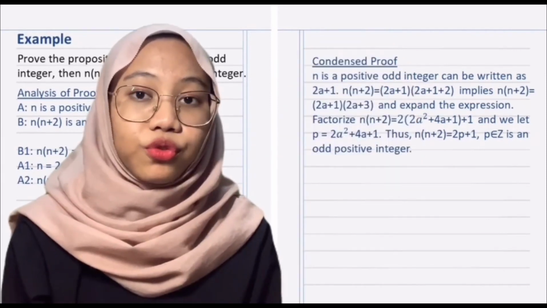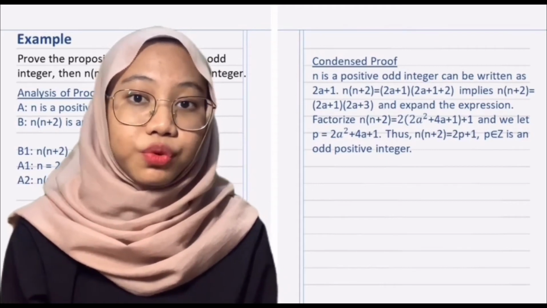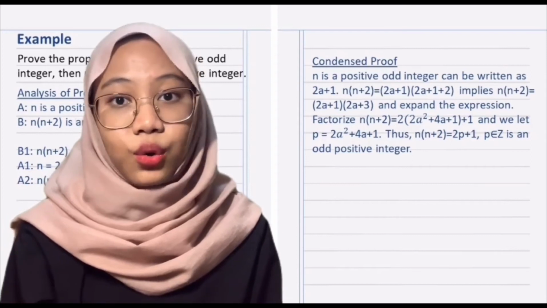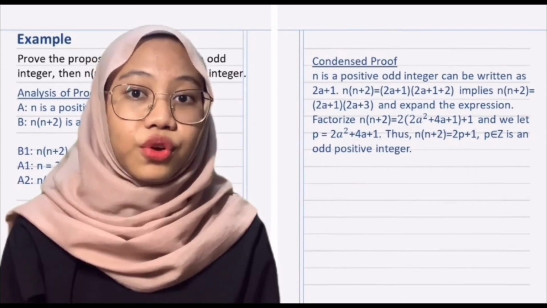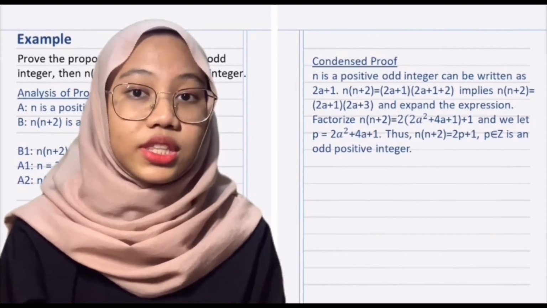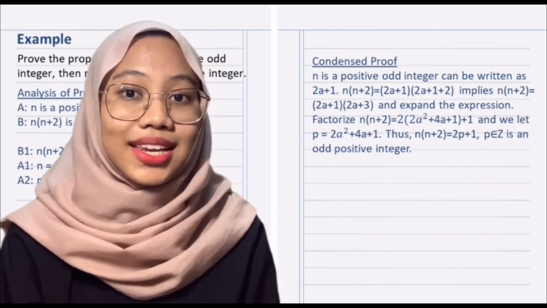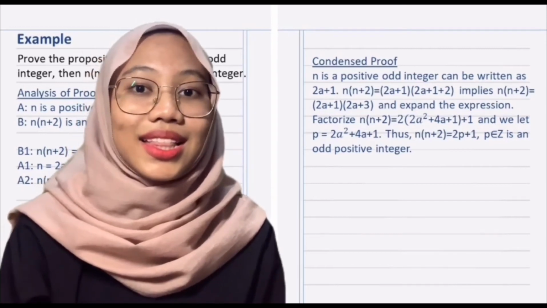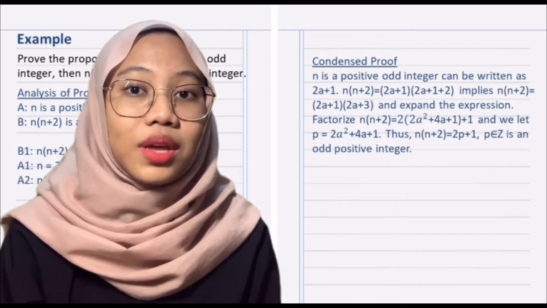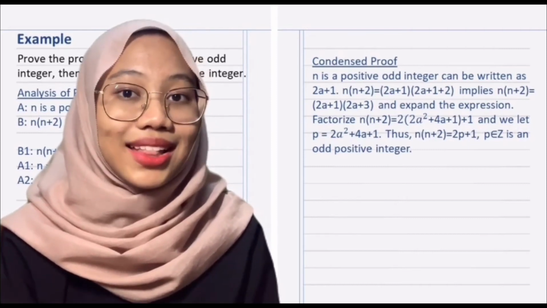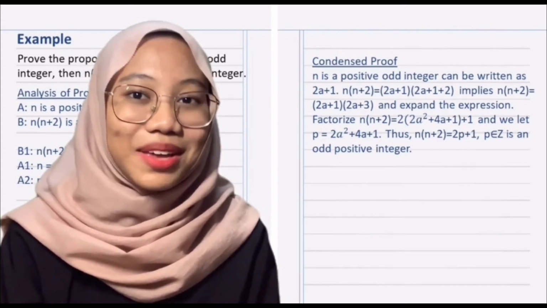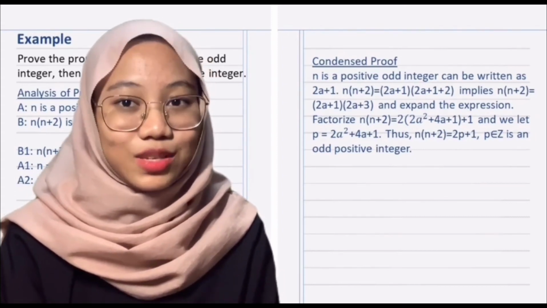Another type of proof is condensed proof. Condensed proof is the elaboration of the analysis of proof done just now. The condensed proof of the question just now can be written as n is a positive odd integer can be written as 2a plus 1. n times n plus 2 equal to 2a plus 1 times 2a plus 1 plus 2 implies n times n plus 2 equal to 2a plus 1 times 2a plus 3 and expand the expression.